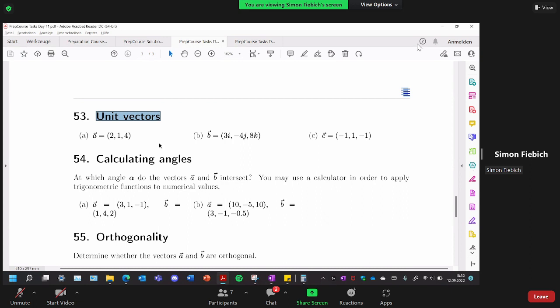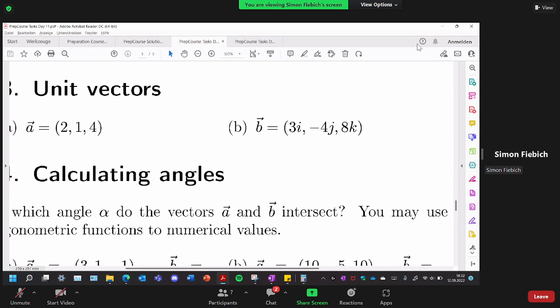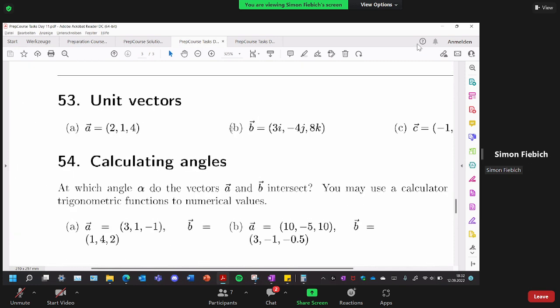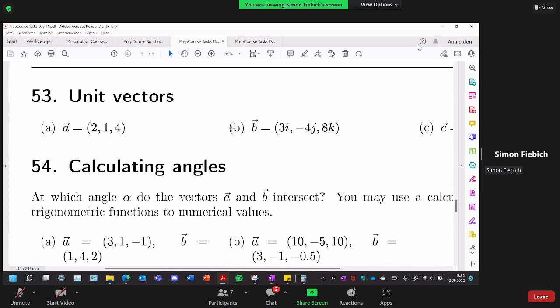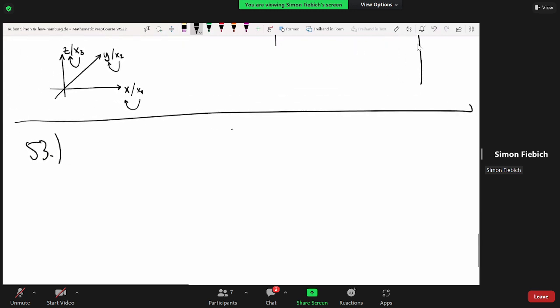Yes. So how can we find out about the length of a vector, and if it is the length of 1? Which condition needs to be met in order to say the length of a vector is 1? Of course, we already learned how to determine the magnitude of a certain vector. So the magnitude of a vector can be written like this.